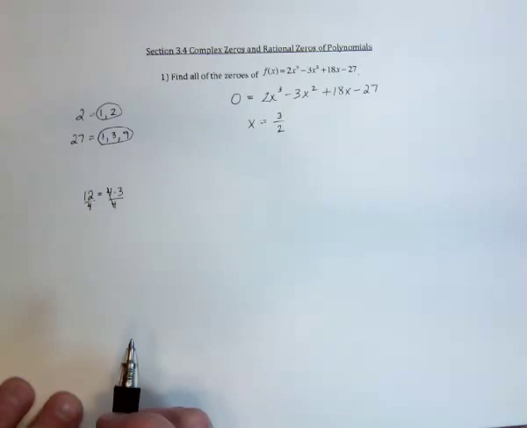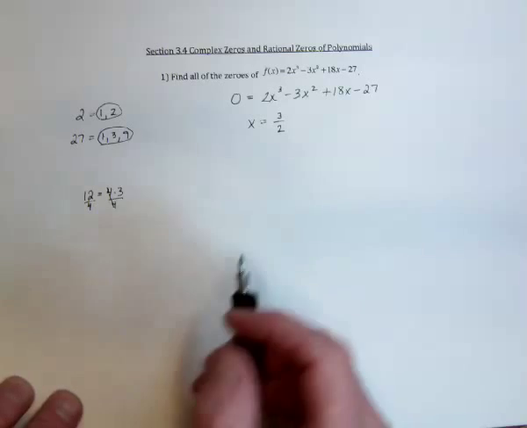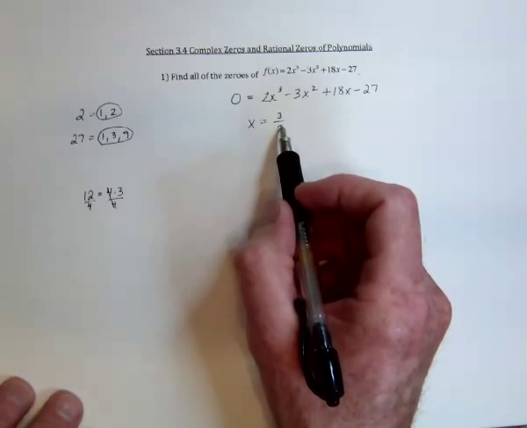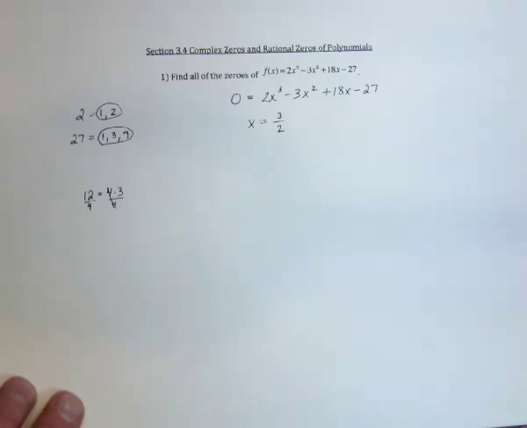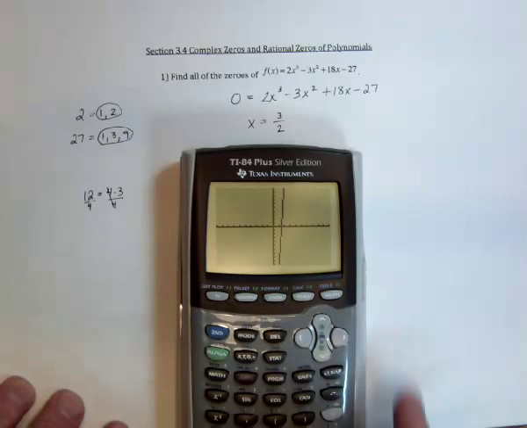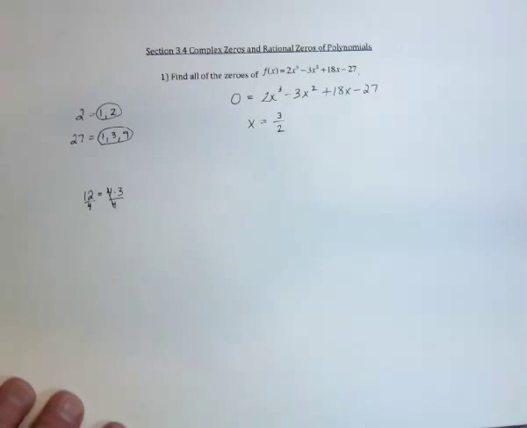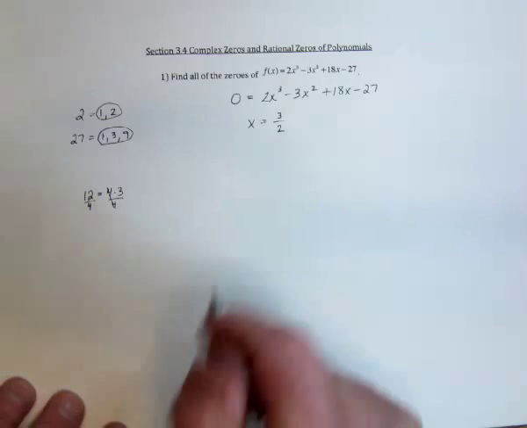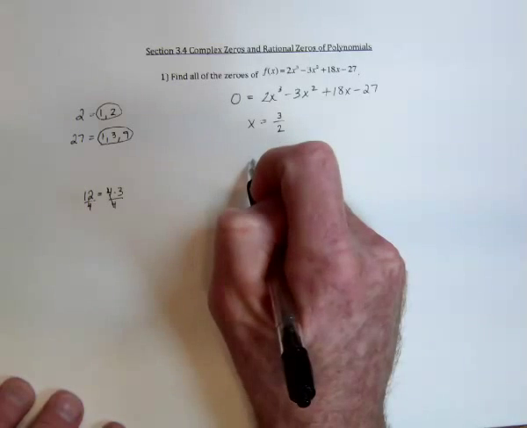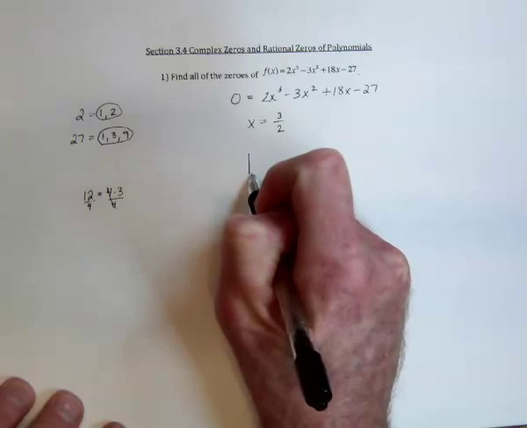But there's no remainder. The same type of idea here. If this really is one of the zeros, and I'm pretty sure that it is, 3/2 is correct, yes, that is one of the zeros, then it will divide evenly into the polynomial when we use synthetic division. So let's do that.